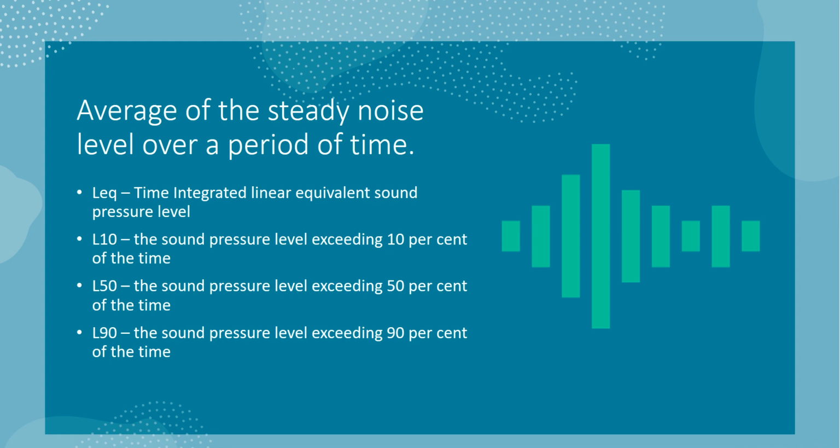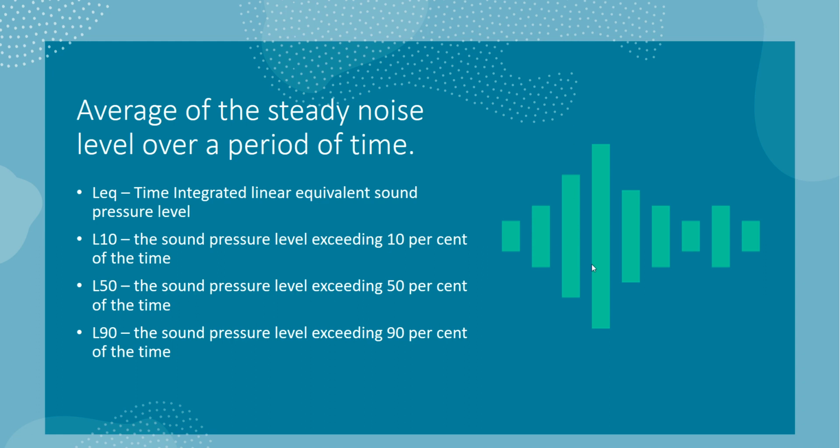What is the sound pressure level? L10 is kind of the peaks. Here on the right side, imagine it is over time, what is the sound intensity level being indicated.